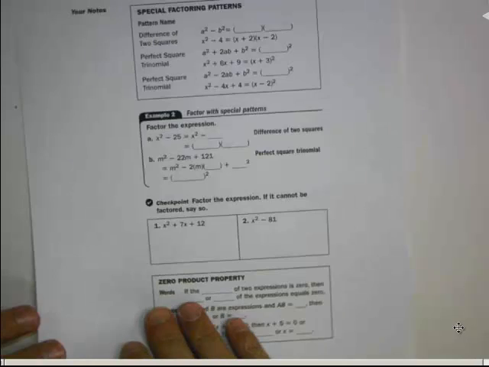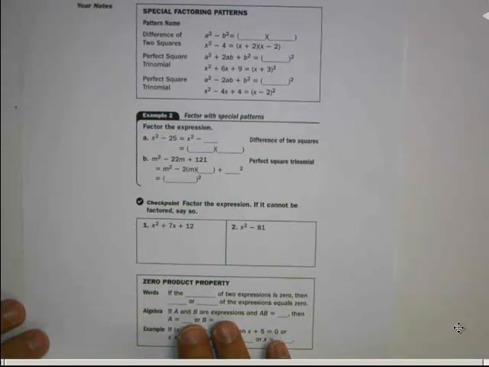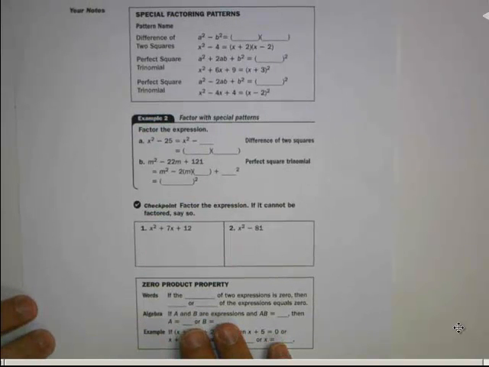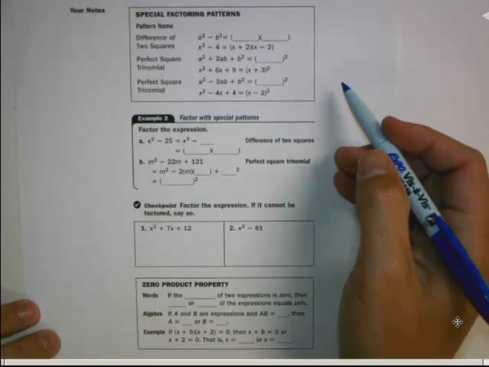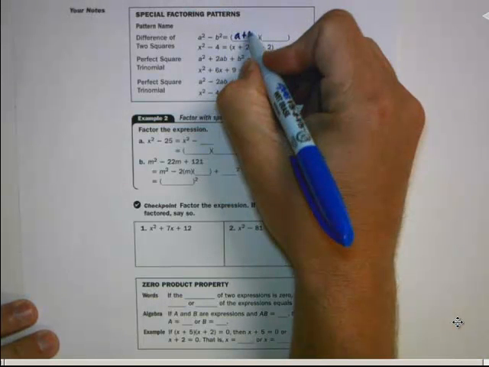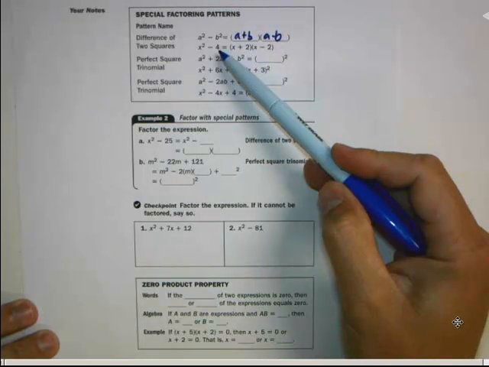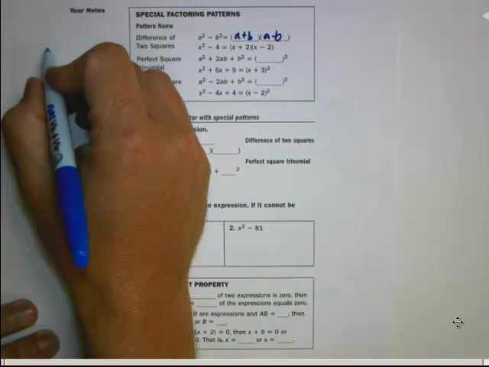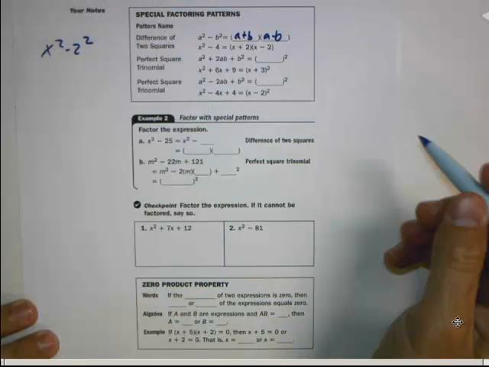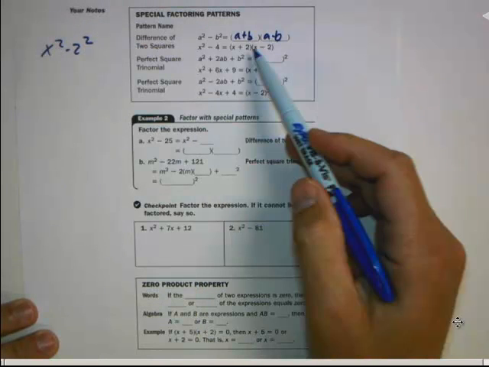Next, we're going to talk about some special factoring patterns. The first one's called a difference of squares, which results in a plus b and a minus b. So if I had x squared minus 4, remember x squared minus 4 is x squared minus 2 squared. So that's a difference of squares, x plus 2 and x minus 2.